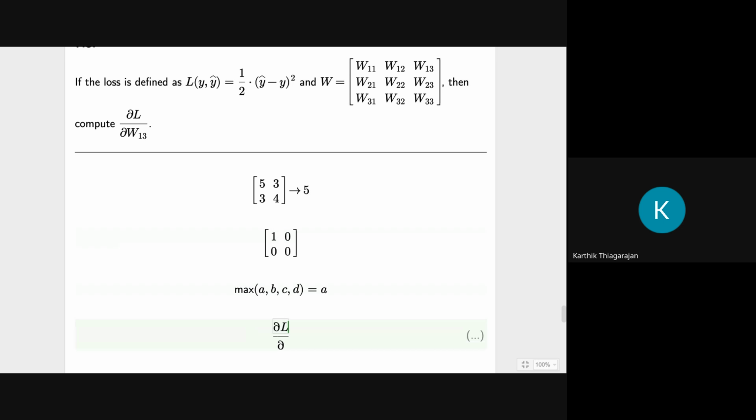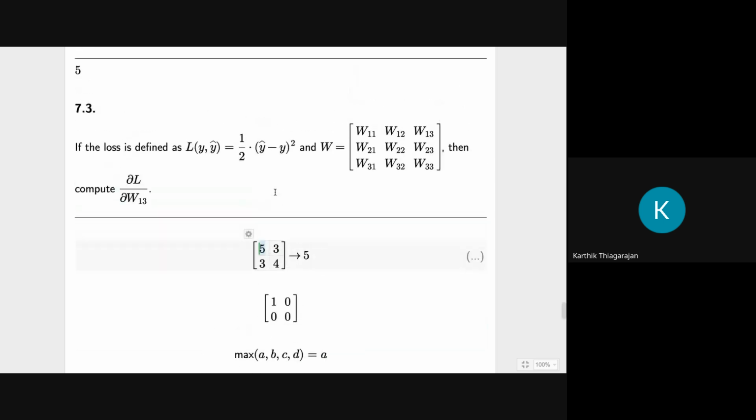So dou L by dou A is one, and dou L by dou Z is equal to zero for Z equal to B, C, D. That's what we call the max pooling mask. So the only thing which matters is this fellow.